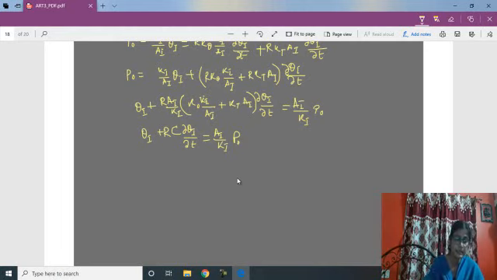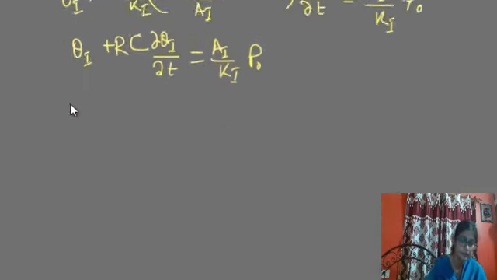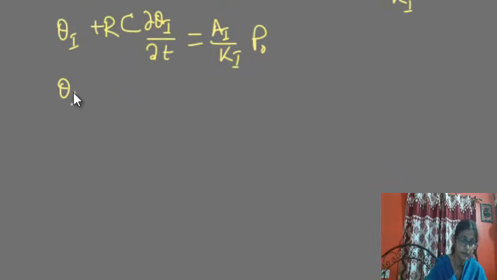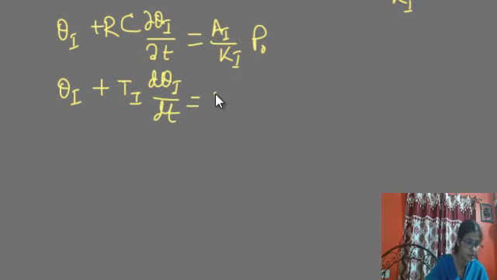So θI plus this RC, which is equivalent to the integral action time Ti, into dθI dt equals some other constant Ai by Ki into P0.